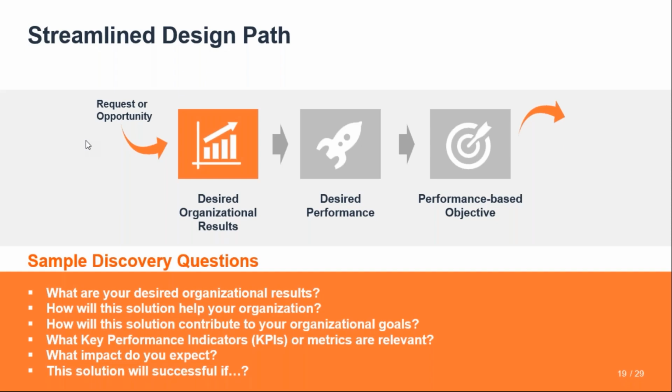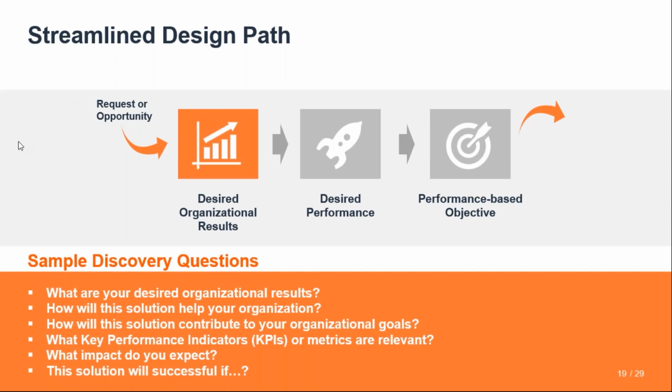We can also ask them to fill in this blank: this solution will be successful if. So these are some sample discovery questions we can always ask our stakeholders to get accurate insights into our desired organizational results.